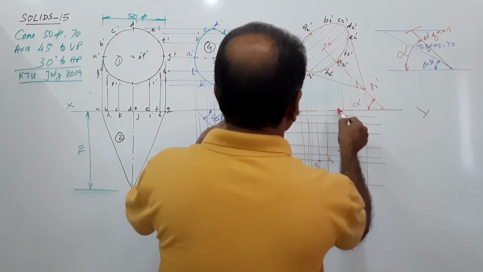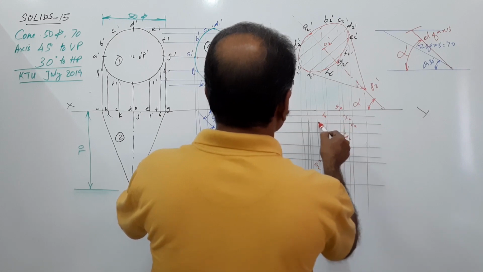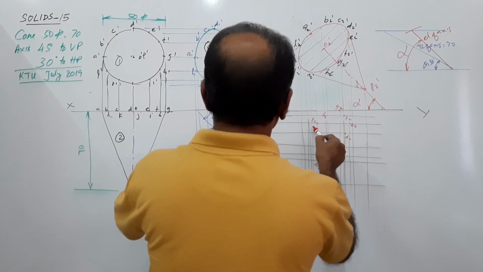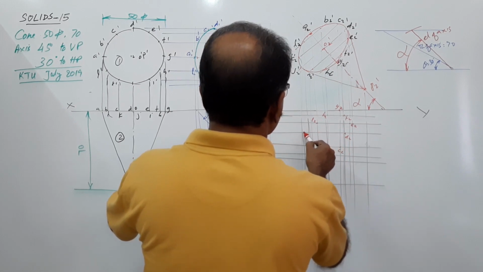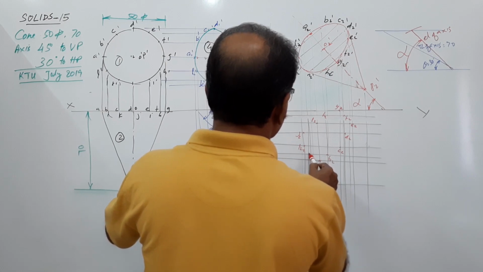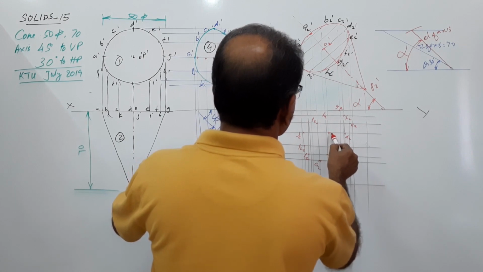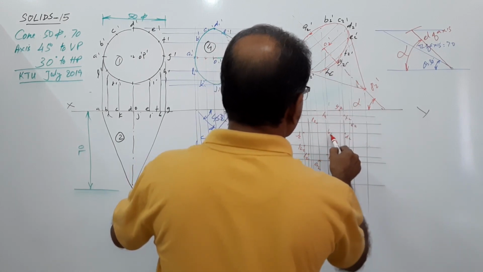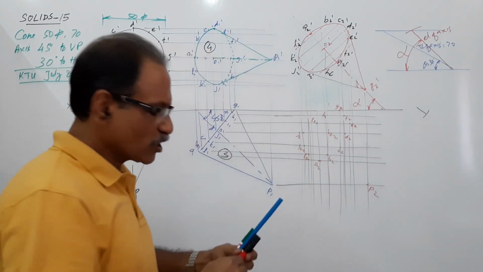F2, G2, H2, I2, J2, K2, L2, O2, P2. You have got all the points.